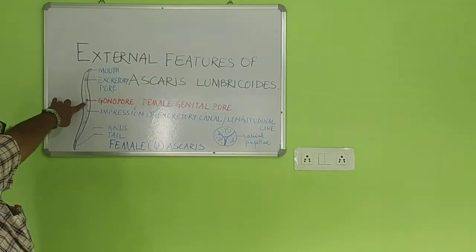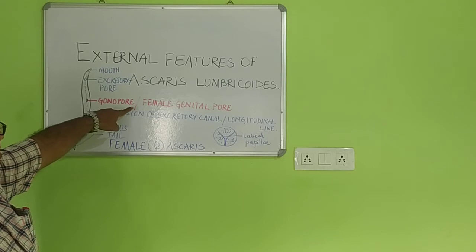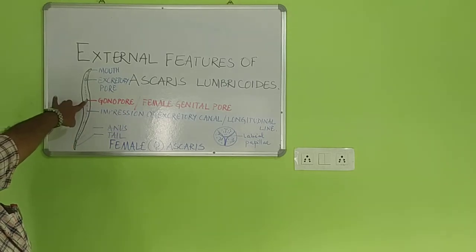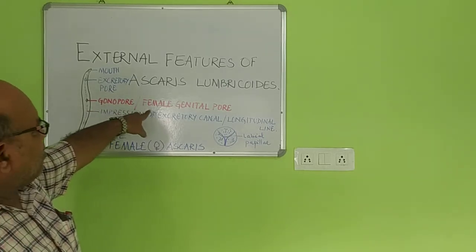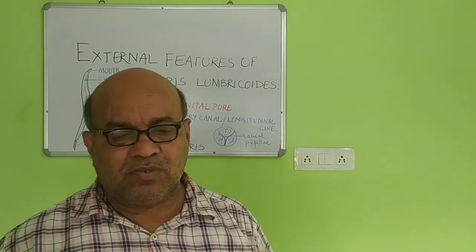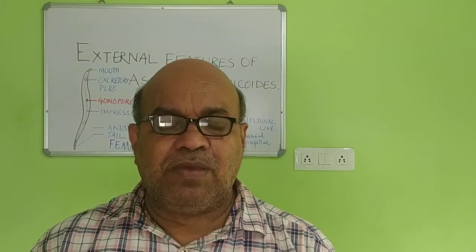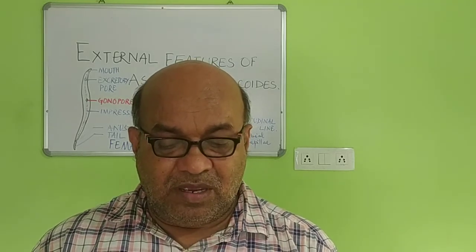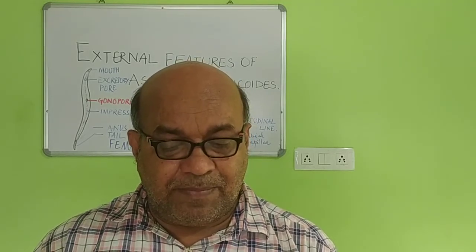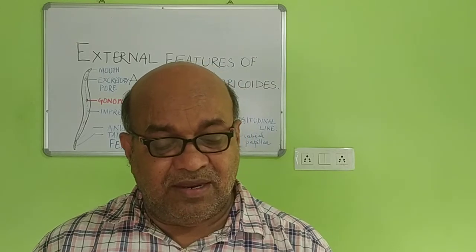You mark here, which is also labeled by the red marker pen. This one is called the gonopore, or female genital pore. It is one feature which is available in the female Ascaris. A separate gonopore is located ventrally.